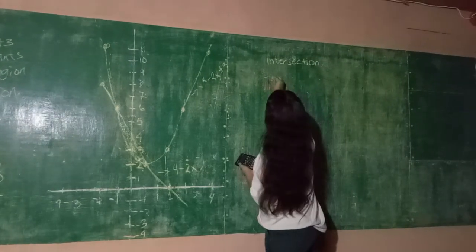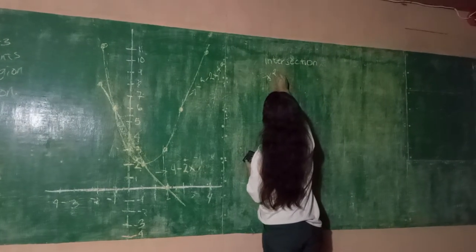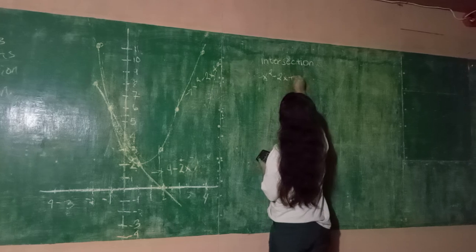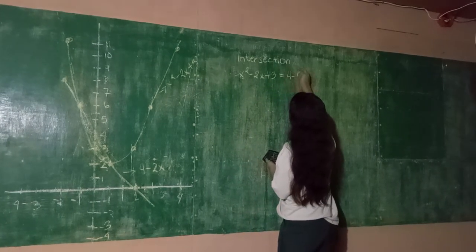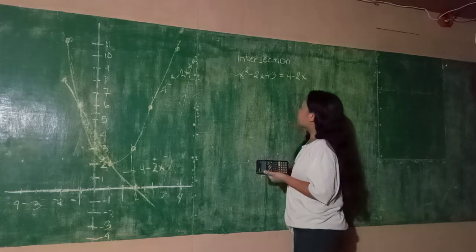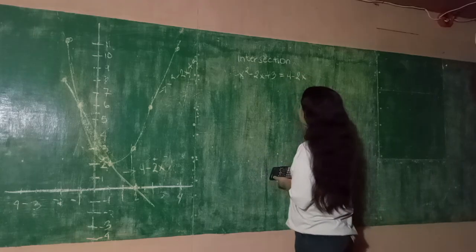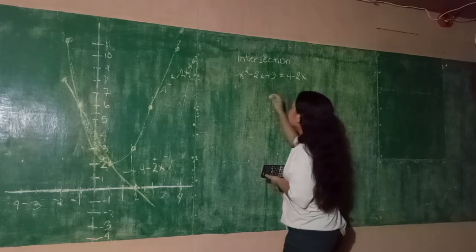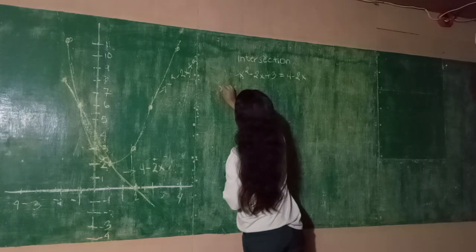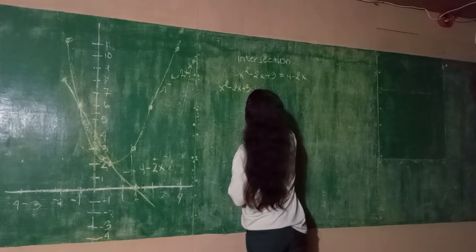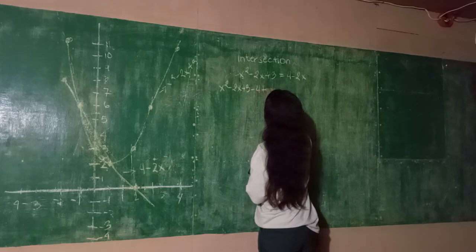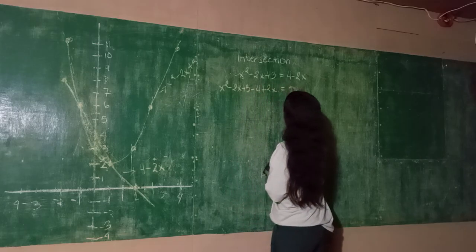And so, x squared minus 2x plus 3 equal to 4 minus 2x. Here, we're going to transpose 4 minus 2x to this side. So it will become x squared minus 2x plus 3 minus 4 plus 2x equal to 0.